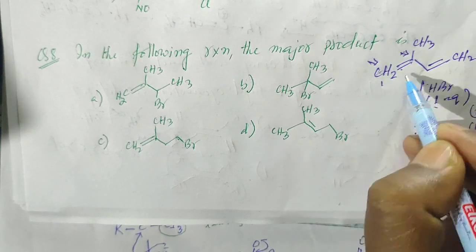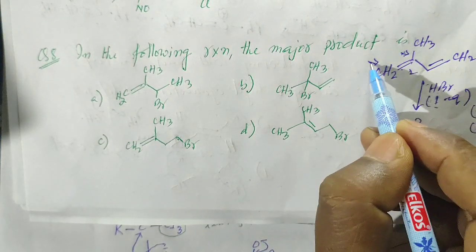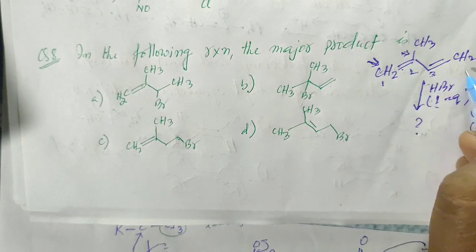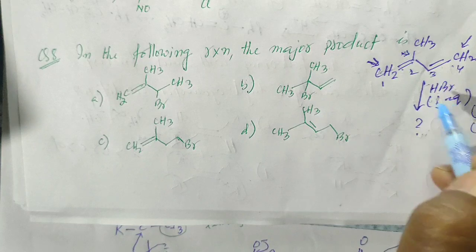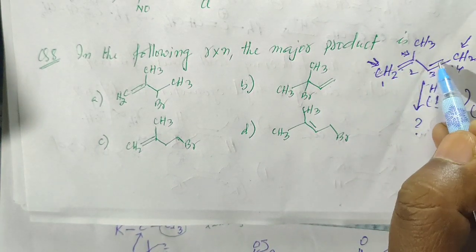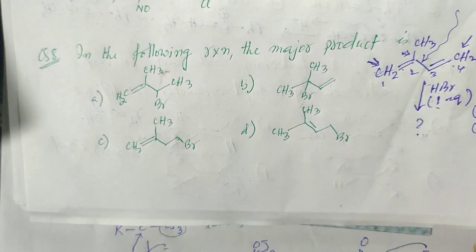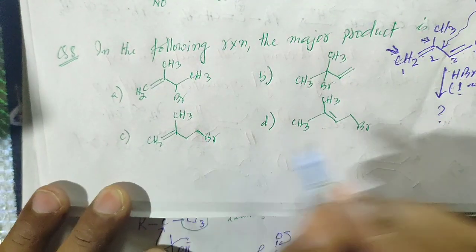When this is numbered as 1, 2, that will be 1,2 addition, and when one is added to this carbon atom and another atom is added to this carbon atom, then that will be called 1,4 addition. So in this case, remember 1,4 addition will take place. One of the double bonds will be shifted to the center carbon atom.